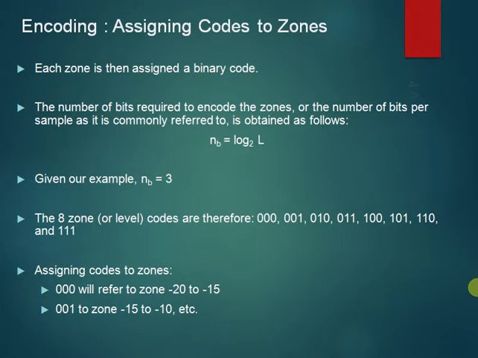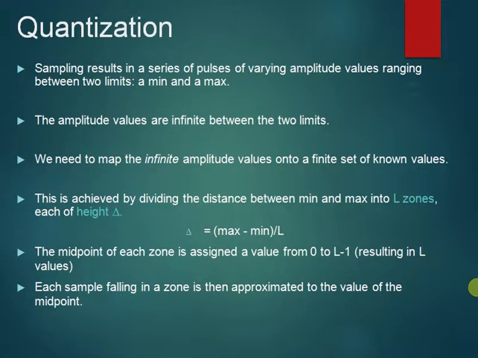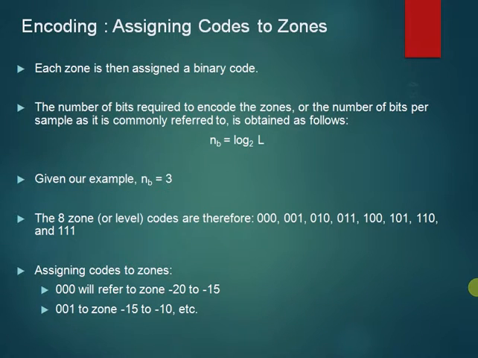Once we define these levels we round off, and once we have rounded off sample values we can allocate each sample value to one of the levels and encode it, so that, as shown in the fourth point, we have considered 3 bits for every sample.